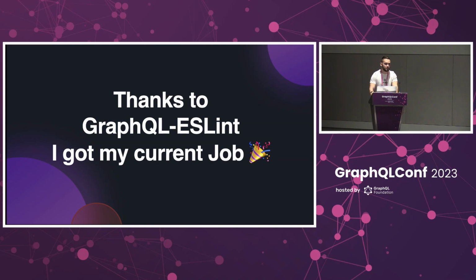I discovered this project on NPM when I was looking for an alternative to the ESLint plugin GraphQL, and I saw the big potential of this plugin, because I was thinking it's amazing that you can run ESLint and lint GraphQL files with ESLint.